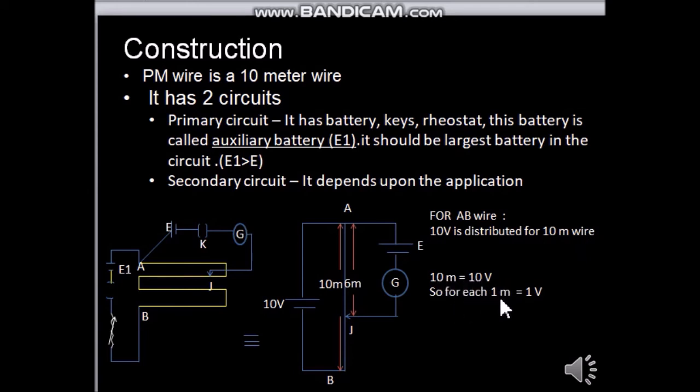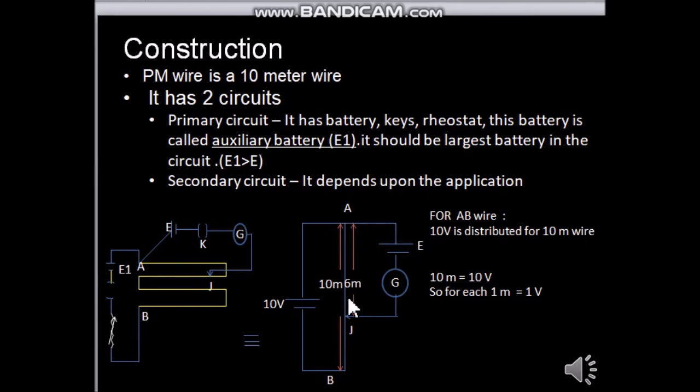So what is the voltage for 1 meter? It will be 1 volt. Can you calculate it? The available voltage for the whole 10 meter is 10 volt, so how much for 1 meter? 1 volt. Now this unknown cell E is in parallel with AJ.